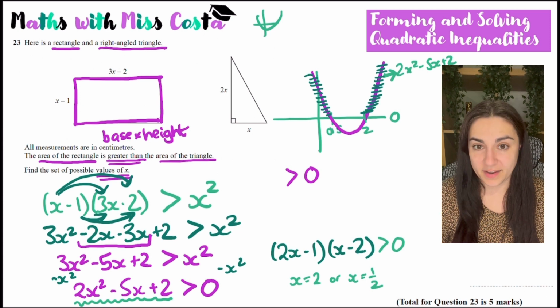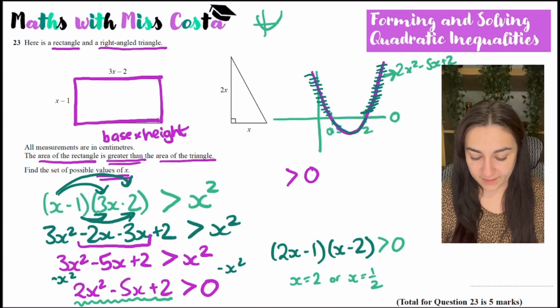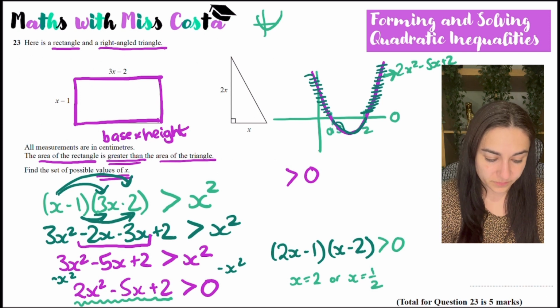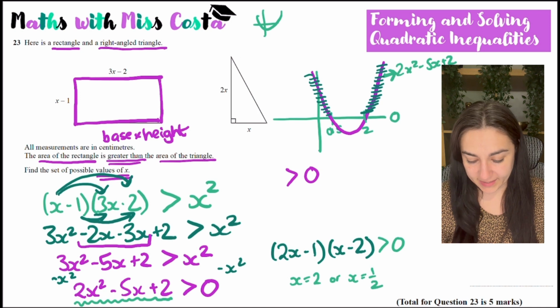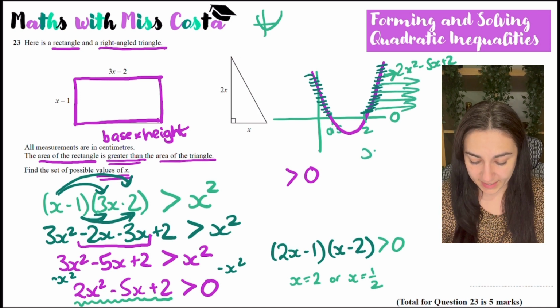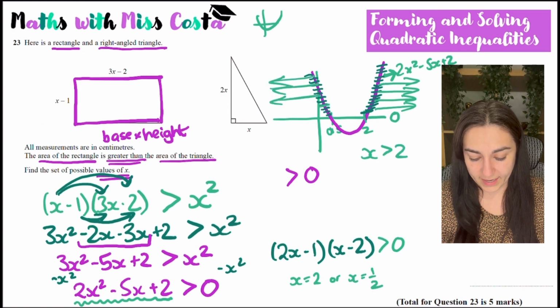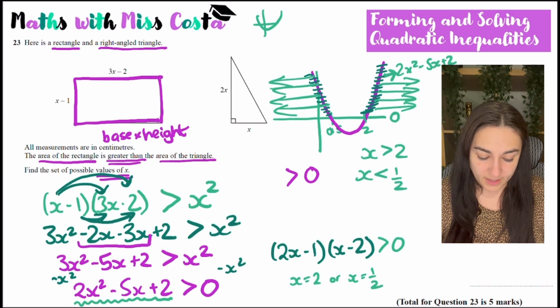Okay, so nothing in between here, because that is below 0. So therefore, my possible values of x would be going this side, so when x is greater than 2, or going this side, where x is going to have to be less than a half.